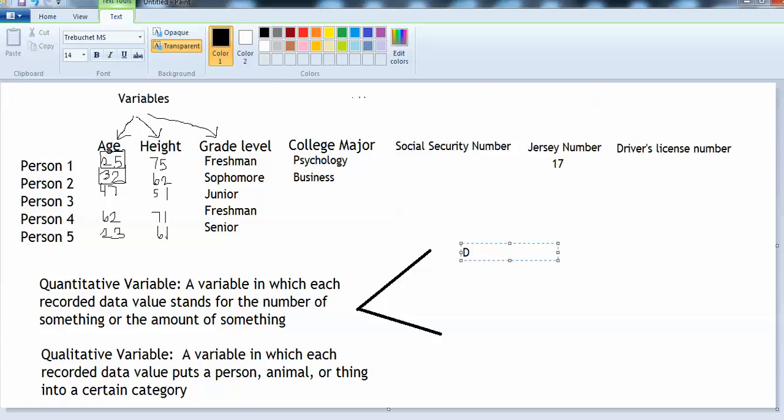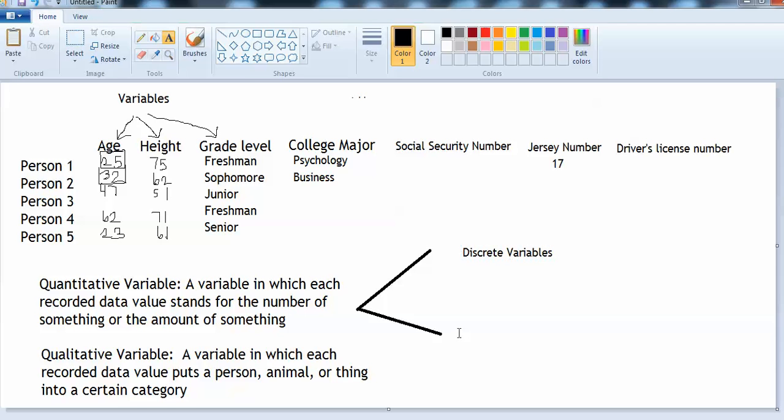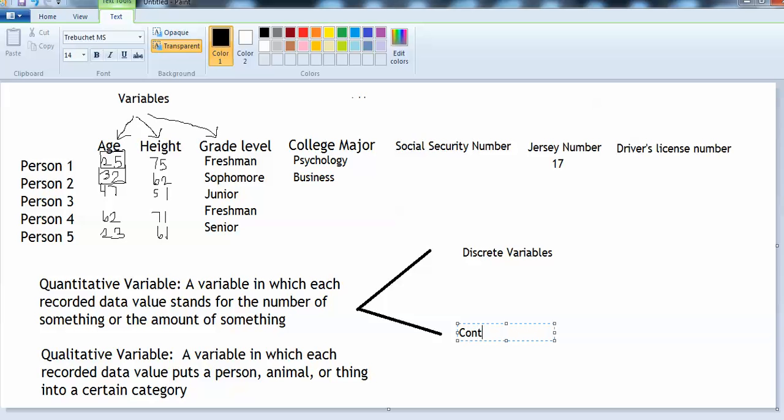Quantitative variables can be discrete variables, or they can be continuous variables. So what's a discrete variable?